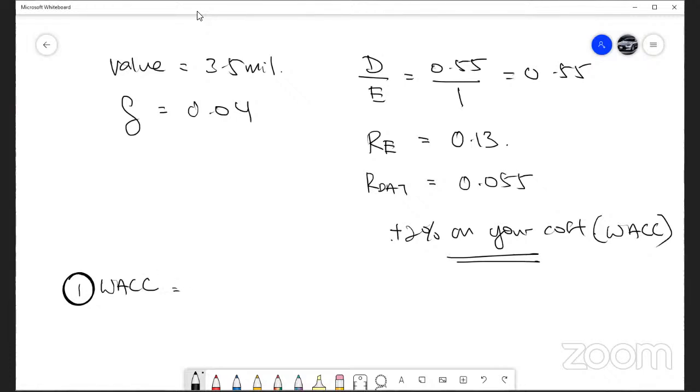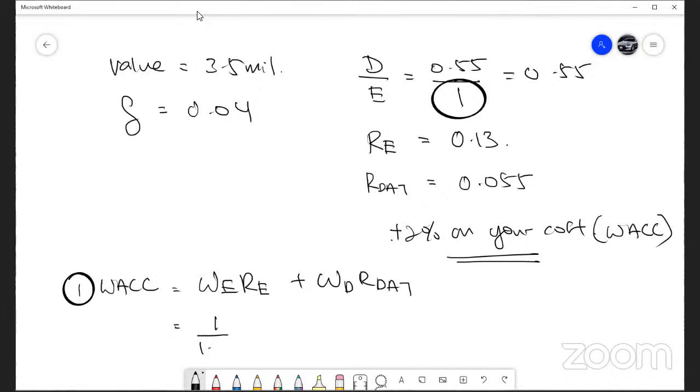Knowing WACC, you need to count the weightage of equity multiplied by the cost of equity plus weightage of debt multiplied by the cost of debt after tax. Equity is 1, total market value is 1 plus 0.55.